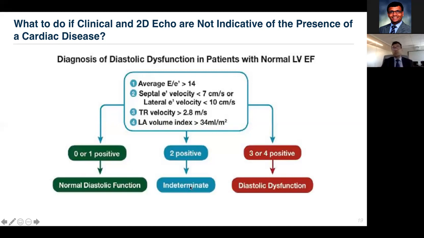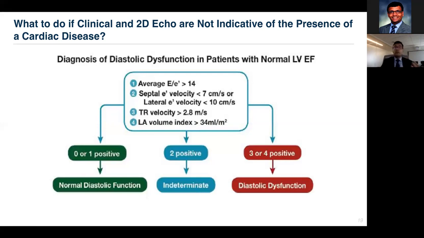Many times in this situation, we also request additional testing, particularly if you're suspicious that the shortness of breath may still be related to diastolic dysfunction. You may want to do exercise stress testing to see if some of these measurable parameters start becoming abnormal.